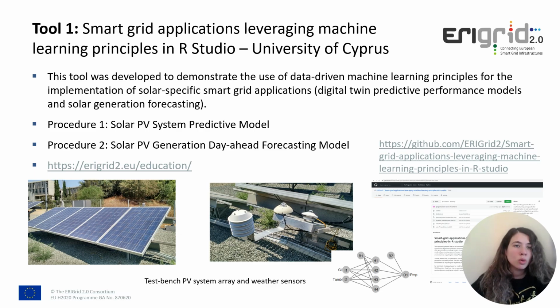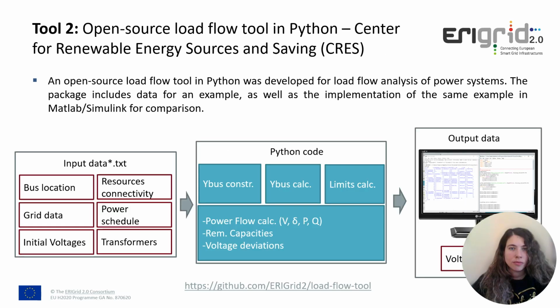There are 2 models or scripts: one which is a solar PV system predictive model, and one solar PV generation day-ahead forecasting model. You can find more information and access to the tool on the ERIGrid 2 webpage, as well as on GitHub. So all the tools are publicly available with free access.